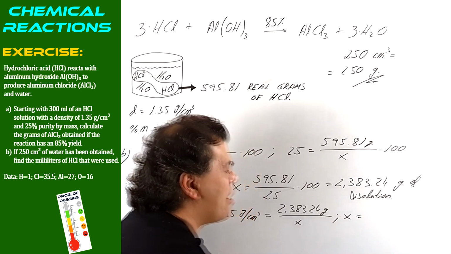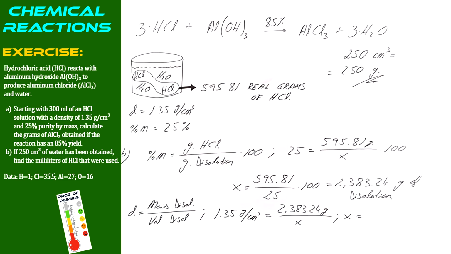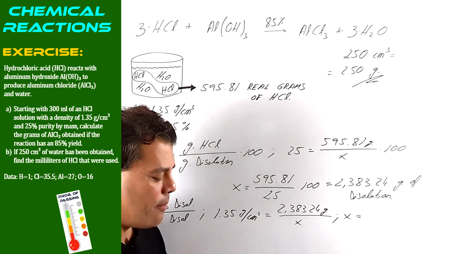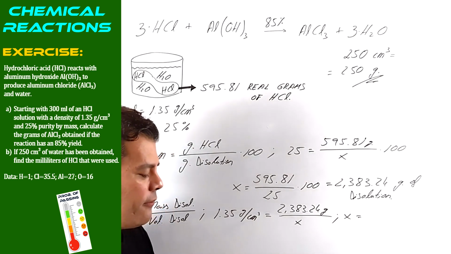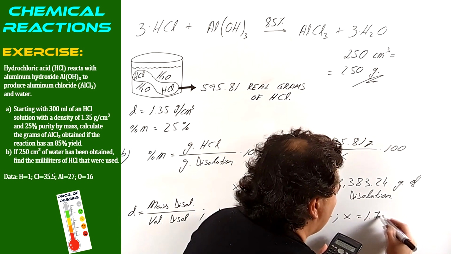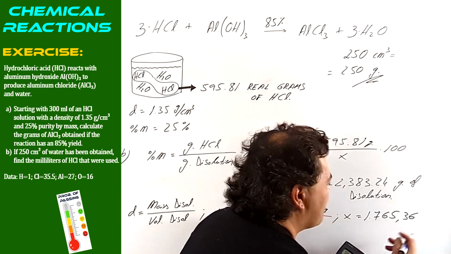And now it's time to use our calculator to do 2,383.24 divided by 1.35, which means 1,765.36.